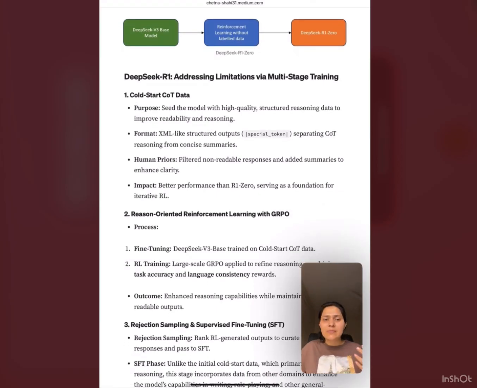Now with DeepSeek-R1, the first thing that they did was that they decided to add cold start chain of thought data. So they decided to give a cold start to the model by doing supervised training on the base model using chain of thought data. What is chain of thought data? It is like reasoning data, the way we reason: after this what happens, after this what happens.